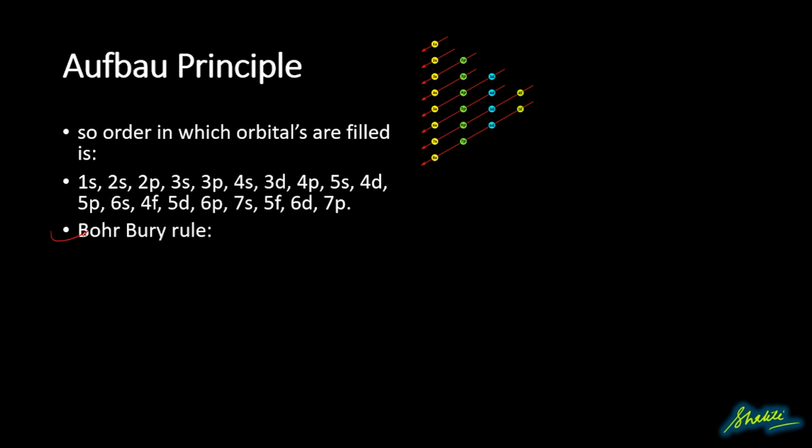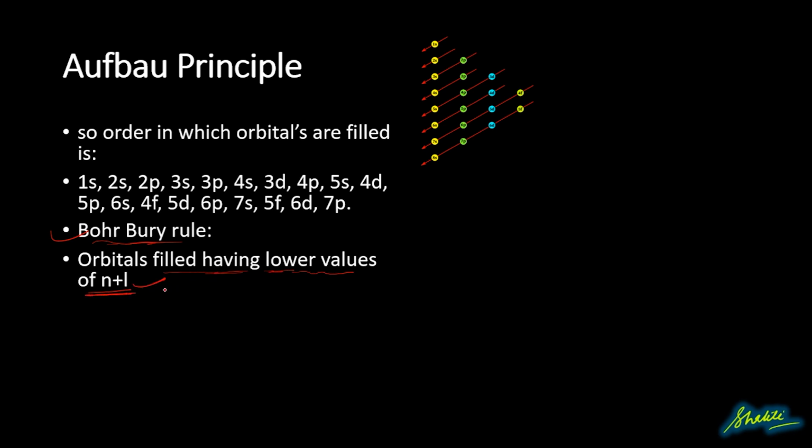And there is also a rule which is followed, known as the Bohr-Bury rule. This rule says that orbitals having lower values of n plus l are filled first. The orbital with the lower n plus l value is filled first.